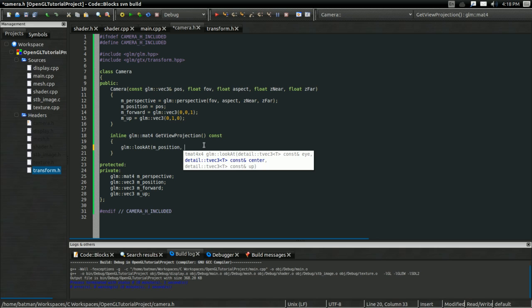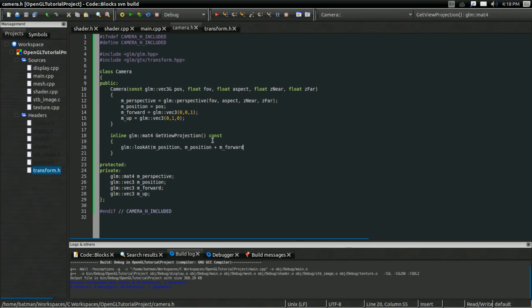And the position I want to be looking at is going to be my position plus m_forward. So that should just move 1 unit along forward, and so that should give me a valid position to look at. And finally, it takes in whatever direction is up, so I'm going to pass in m_up.